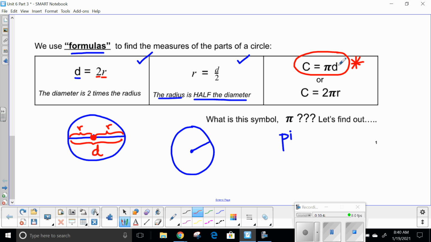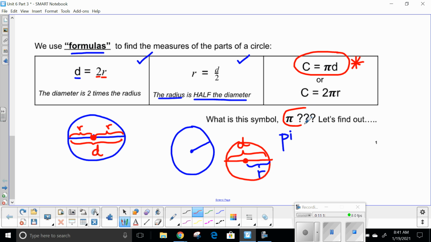It's always better to start with diameter. Now remember, diameter is always larger than the radius, right? The distance across the circle is diameter, and that is definitely bigger than what? Halfway across the circle, which is radius. So my diameter is always greater than my radius.